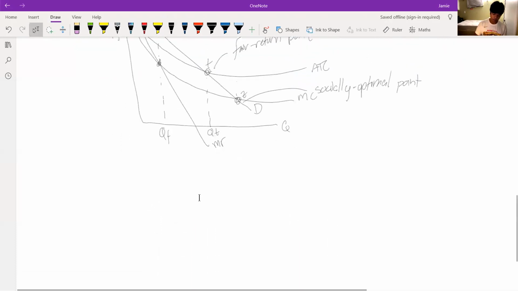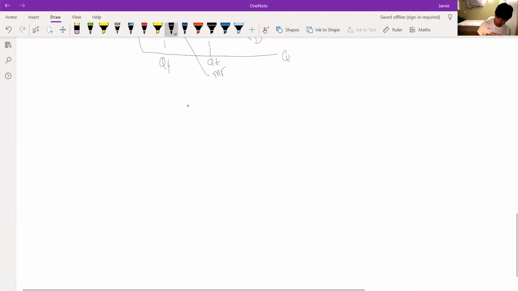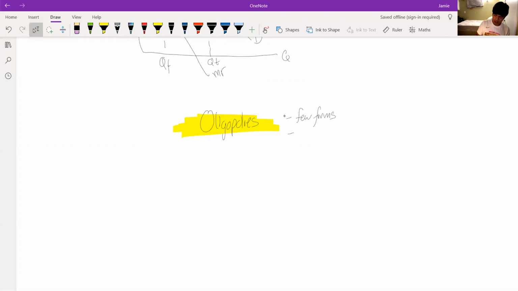Let's move on. Next is oligopolies. Oligopolies are a market structure where there are few firms. They provide either differentiated or homogeneous goods.